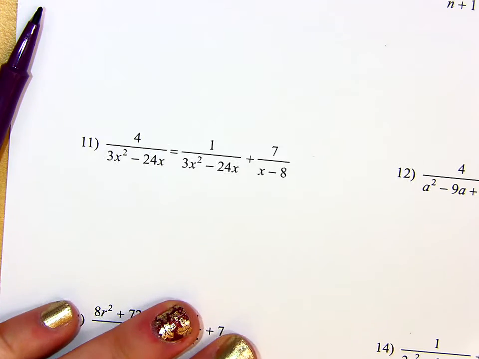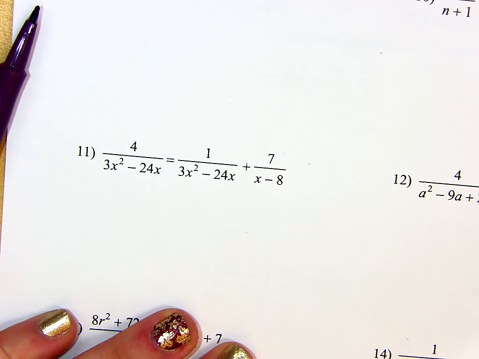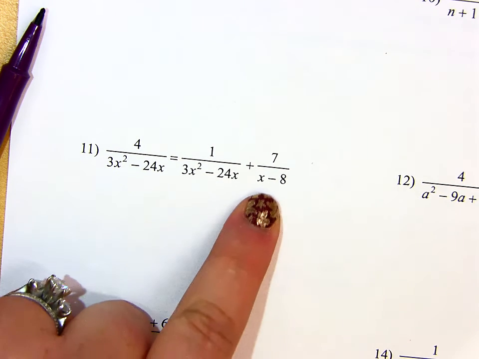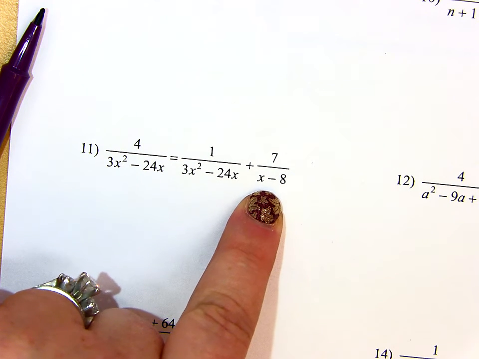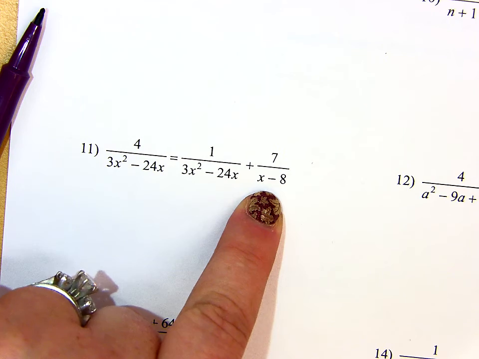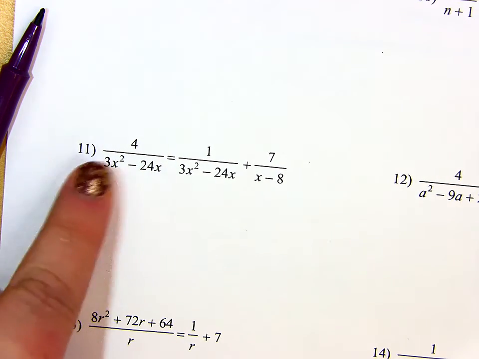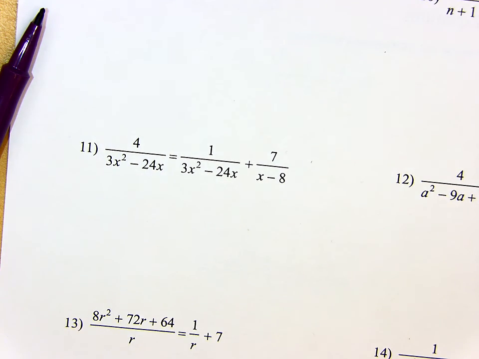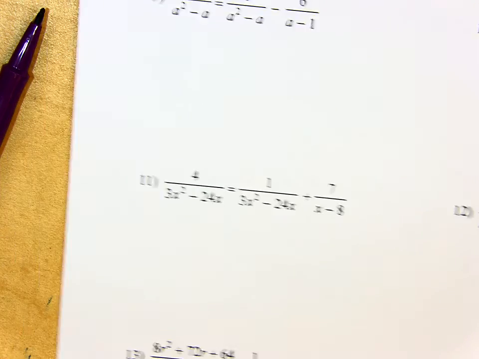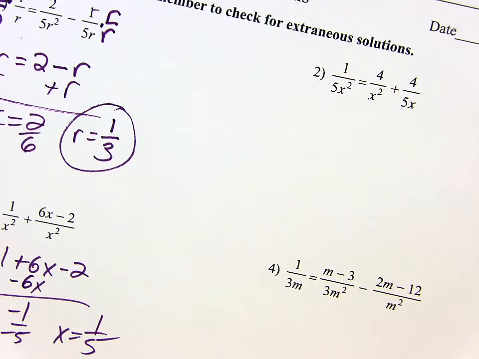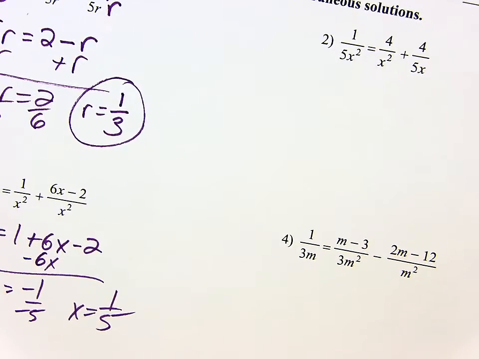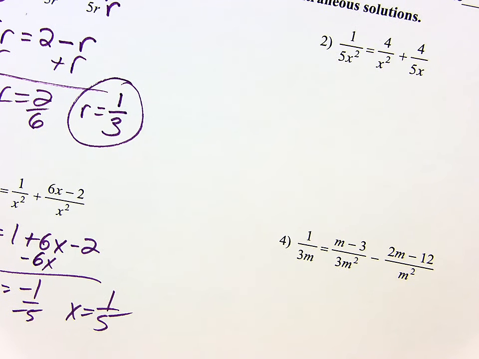Give me a number right away that you know you'd have to throw away if it came out to be the answer. 8, right? Because it would make that one turn into a 0 in the denominator. And it could be any one of the pieces. If any denominator turns into a 0, you have to throw it out. So that's what they mean by check for extraneous solutions. Doesn't come up very often, but you need to know that it exists.